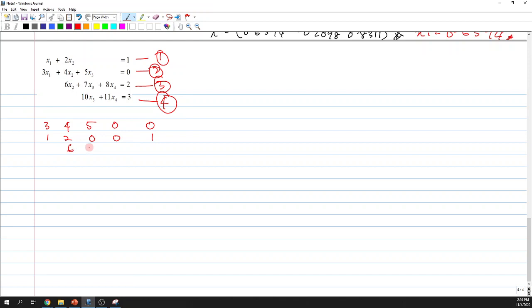So 6, 7, 8, 2. Okay. So 10, 11, 3. Okay. So ni lupa pula. 0, 0, 0. Okay, we write there. So this is the equation 5. Okay, this is the equation 6. This is equation 3. This is equation 4.